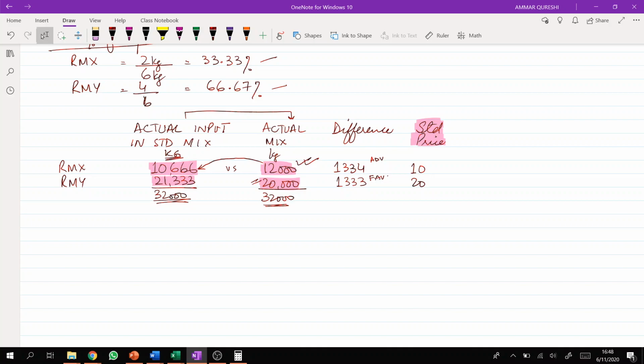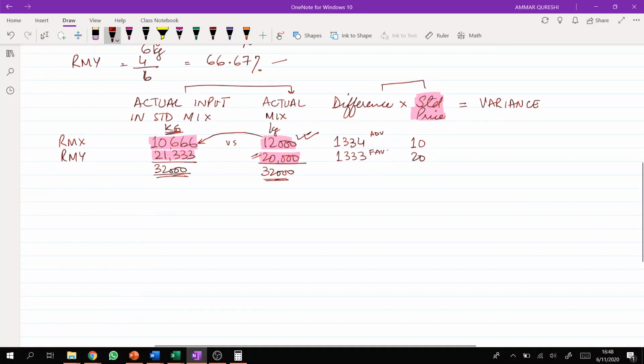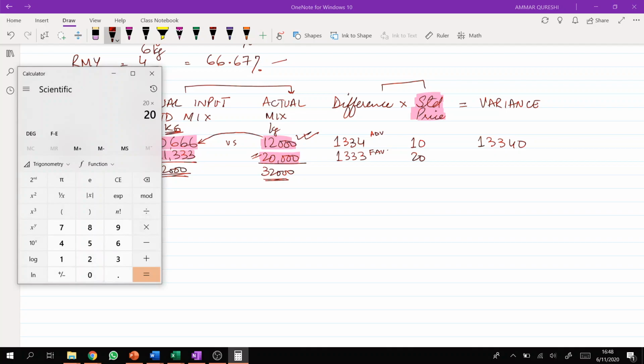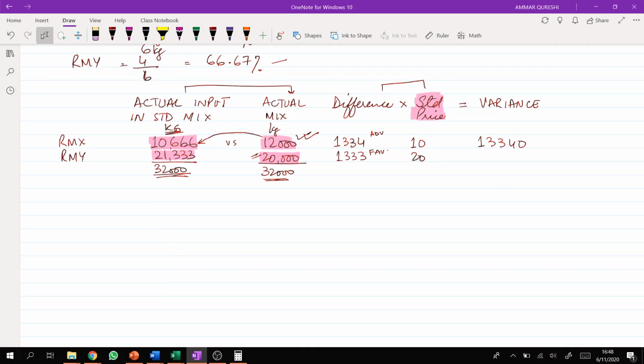Then we will multiply these two columns in order to get the variance. So 10 multiplied by the difference is 1340, and 20 multiplied by 133 is 26660.